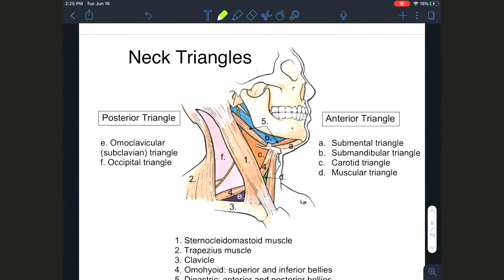The way this might show up as a question, like we've said before, our professor liked using stab wounds, so he'd say a patient came in because of a stab wound to the neck, let's say the posterior triangle, which of the following would be spared, or which of the following would be affected, something like that.